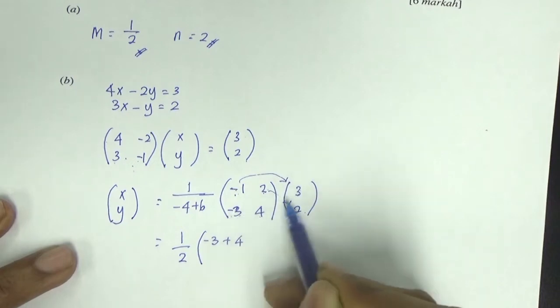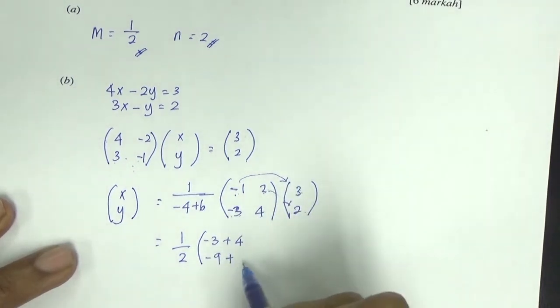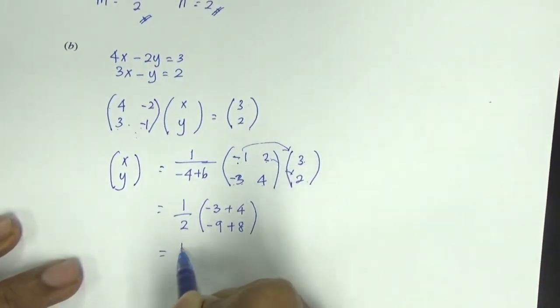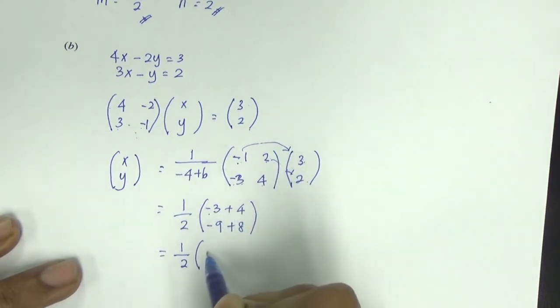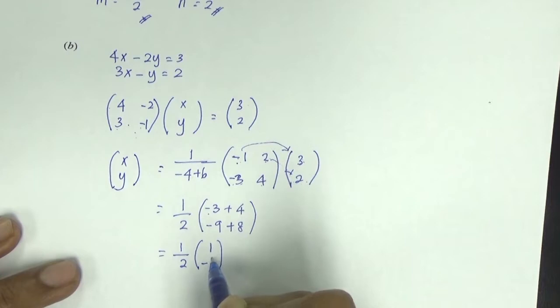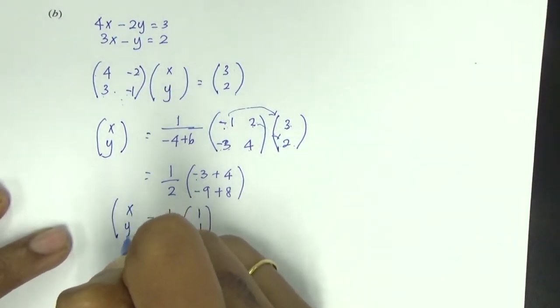Negative 3 times 3, negative 9, plus 4 times 2, 8. So 1 over 2. Negative 3 plus 4, we will get 1. Negative 9 plus 8, we will get negative 1. Okay, so this is x, y.